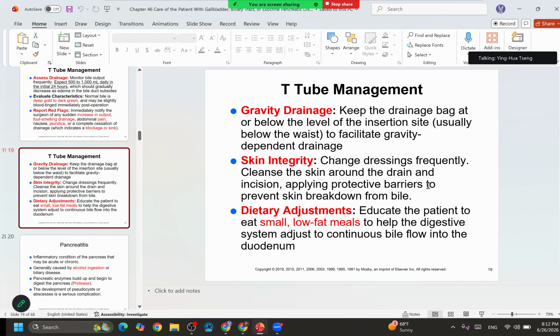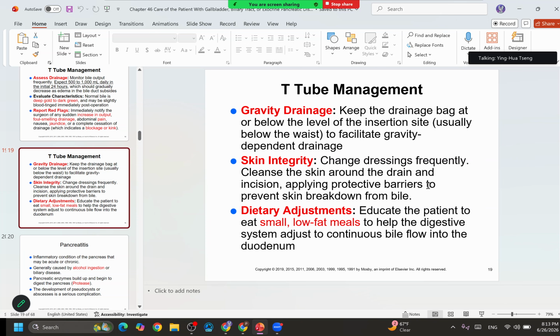All right, skin integrity. At the T-tube surgical site, the outside layer, the bile could have some leaking outside the drain. The bile is some kind of enzyme that will irritate and digest your skin. So that's why we have skin breakdown very easily.